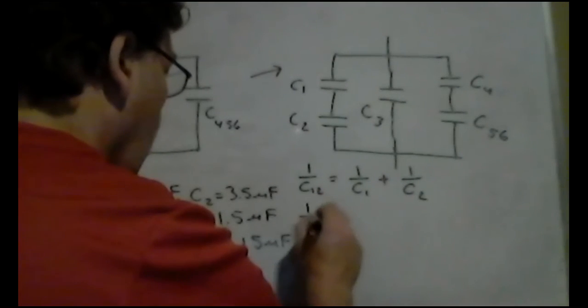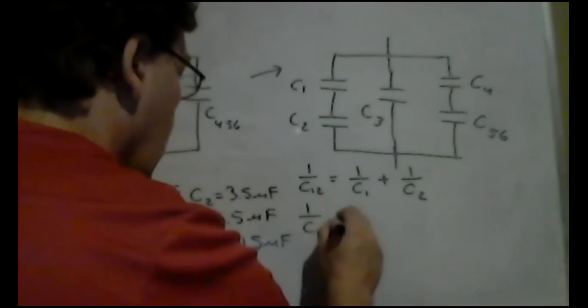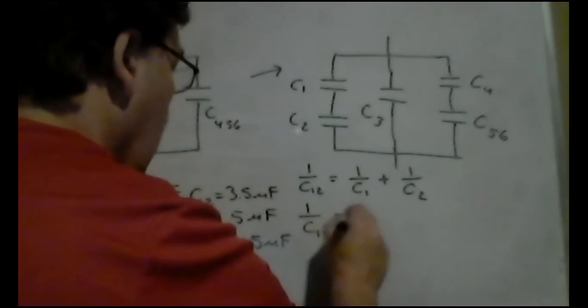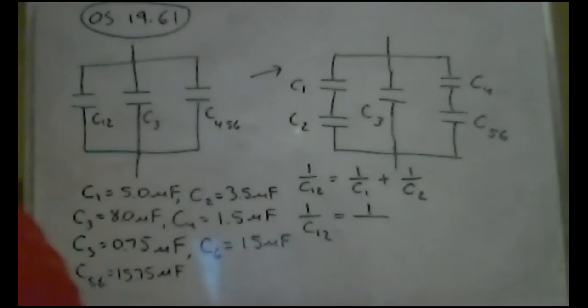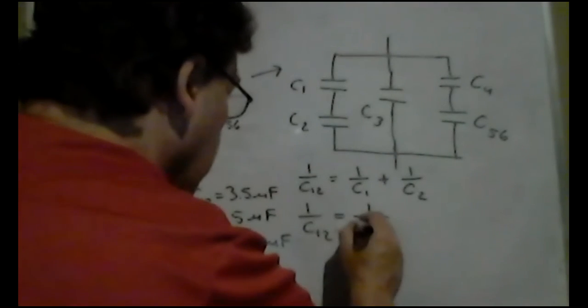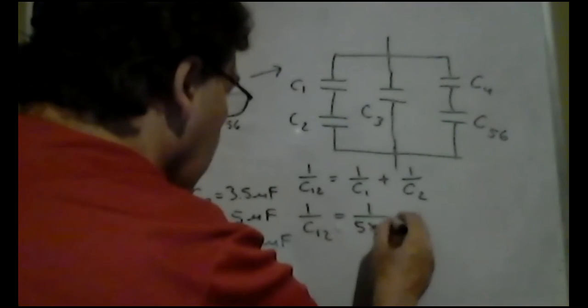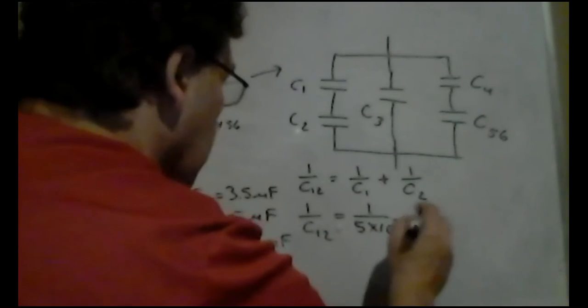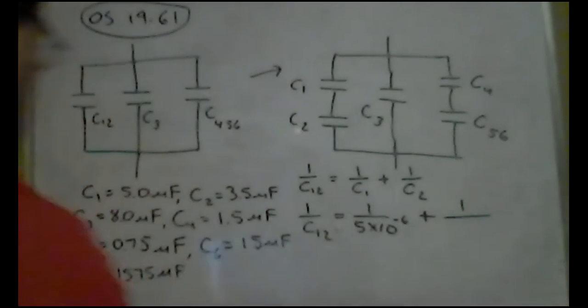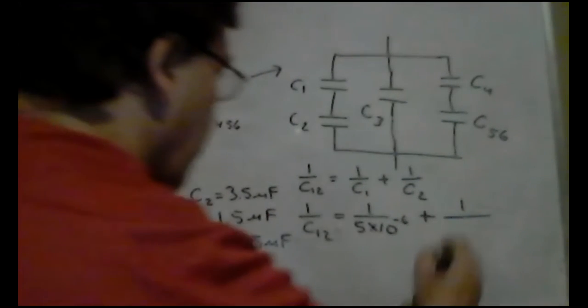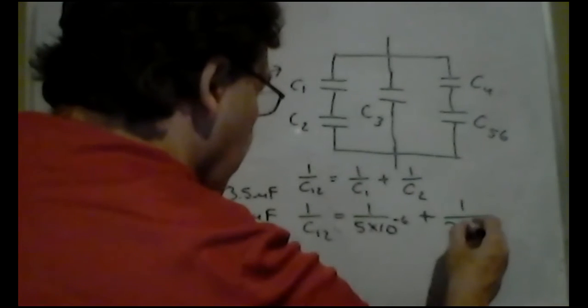Or 1 over C12 will be 1 over C1, which is 5 microfarads, plus 1 over C2, which is 3.5 microfarads, 3.5 times 10 to the negative 6.